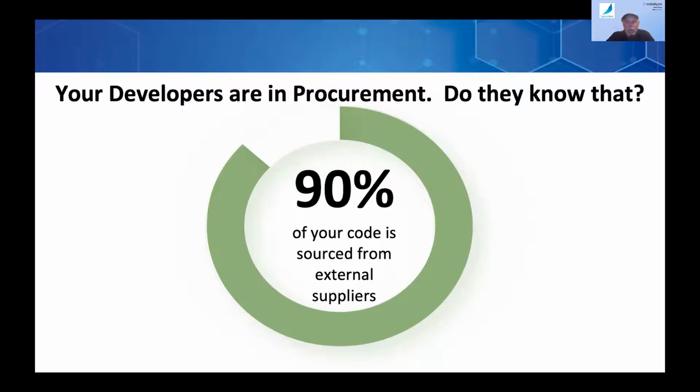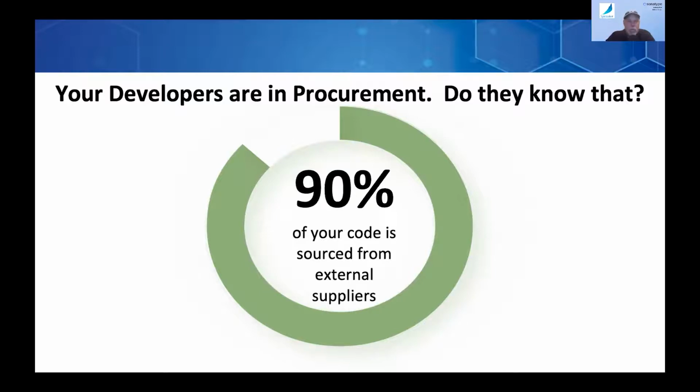So this really causes the development team to be in procurement through looking at what sources they're getting those open source components from, what versions they're using within their open source components to be able to ensure that they don't have any vulnerabilities, and so on.